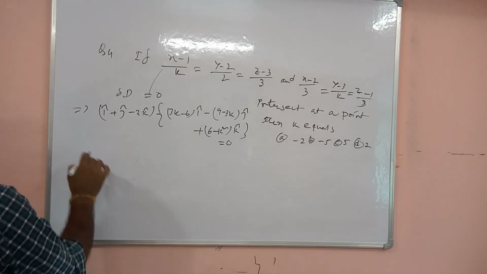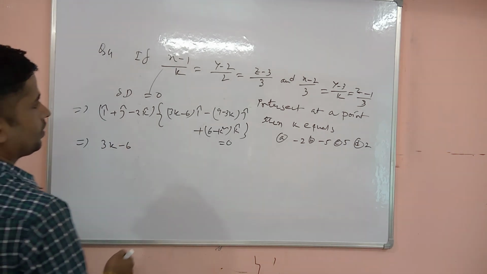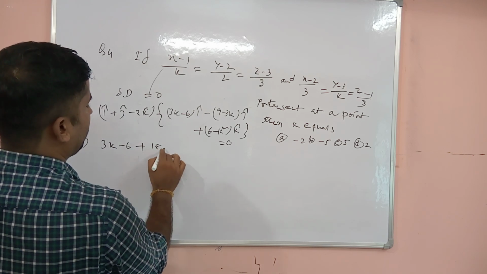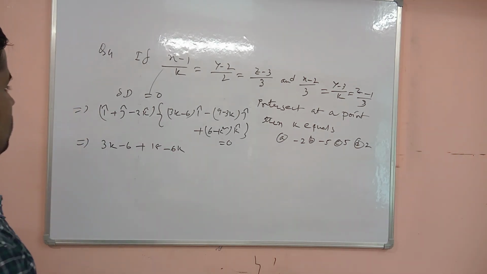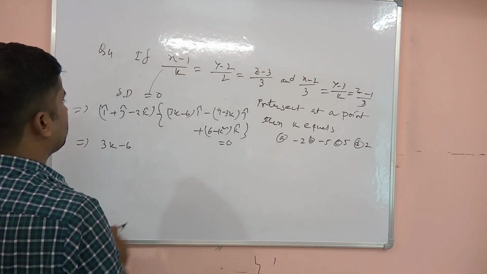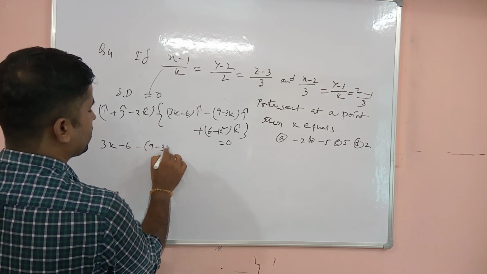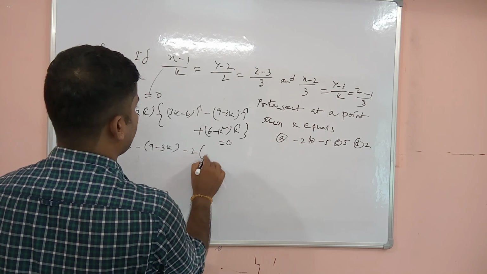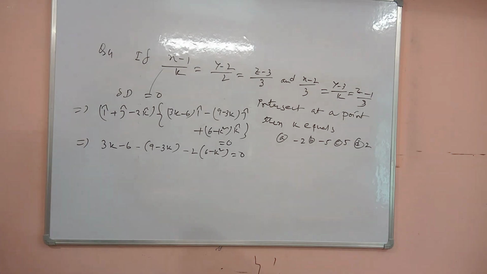So it shall imply that 3k minus 6 plus 18 minus 6k, minus 9 minus 3k, minus 2 into (6 minus k) square is equal to 0.